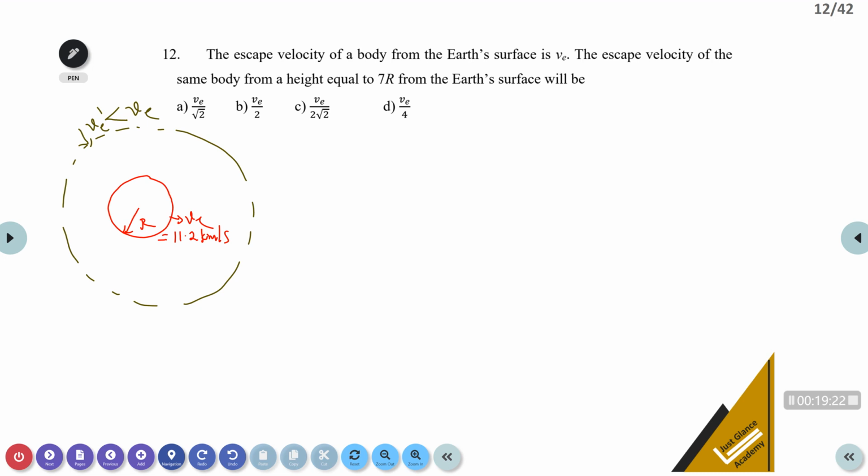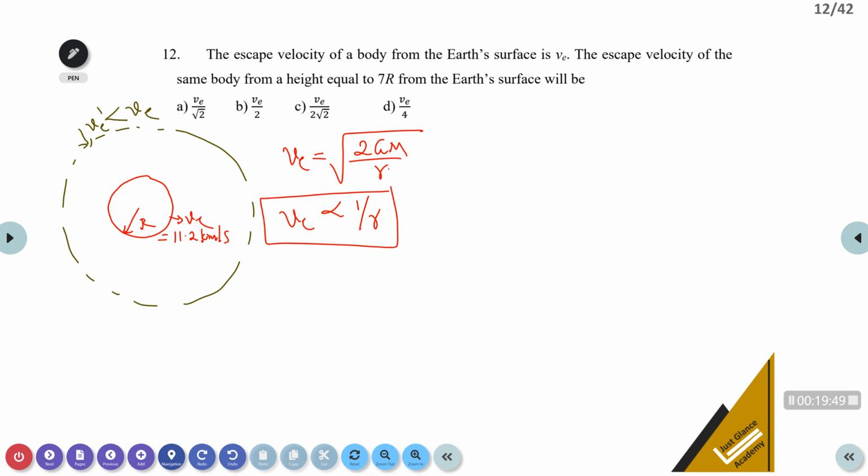As I go above the earth's surface, the escape velocity will go on decreasing. Escape velocity equals the square root of 2GM divided by R. Escape velocity is inversely proportional to the square root of the radius.